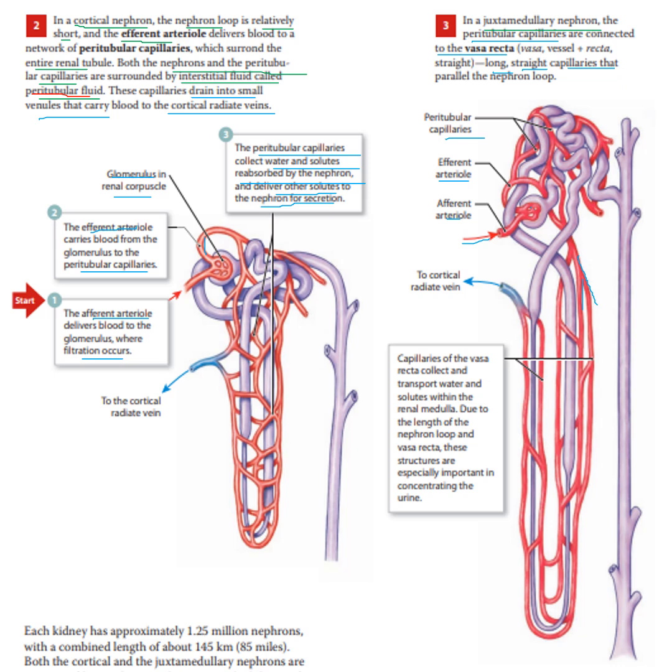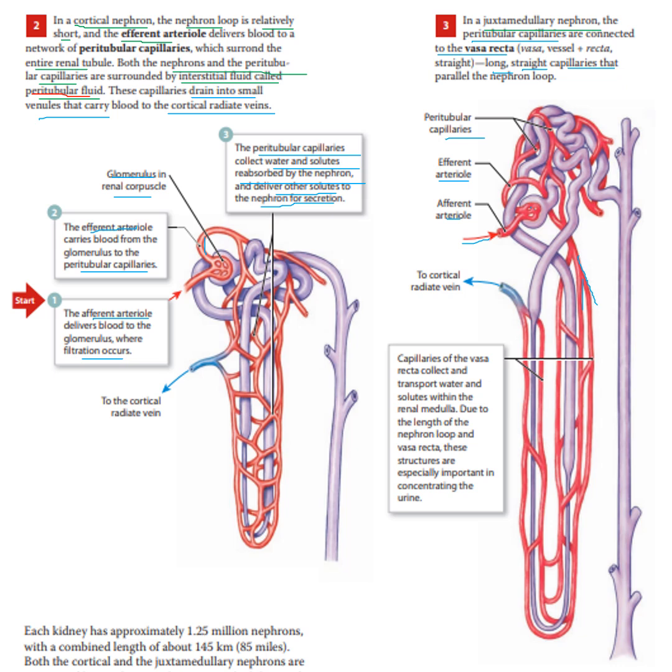So we can say that peritubular capillaries are mainly present in cortical nephrons, and vasa recta mainly in deep nephrons, the juxtamedullary nephrons. So in cortical nephrons there are peritubular capillaries, but in juxtamedullary nephrons there are peritubular capillaries as well as vasa recta.